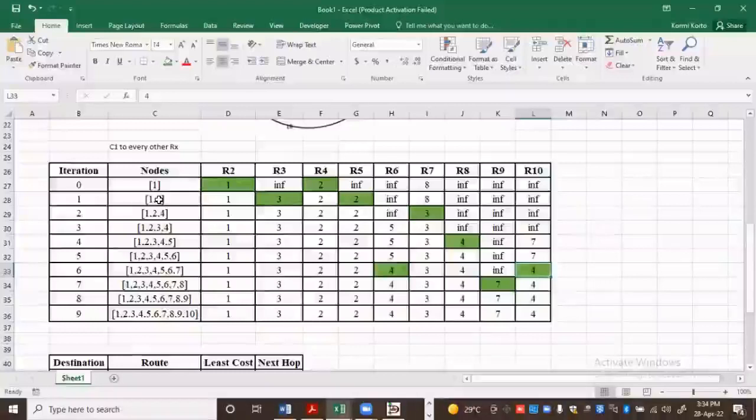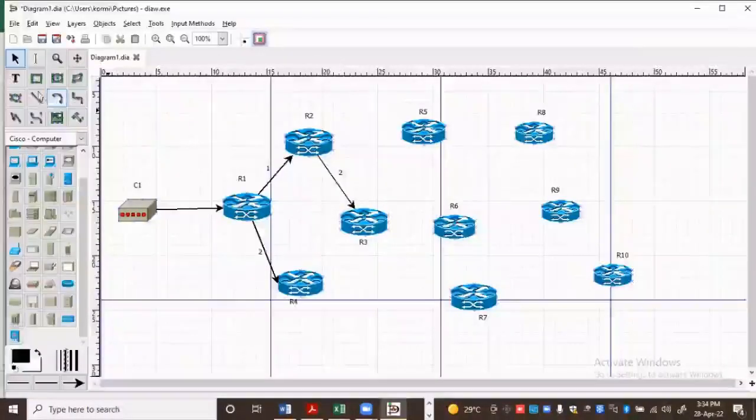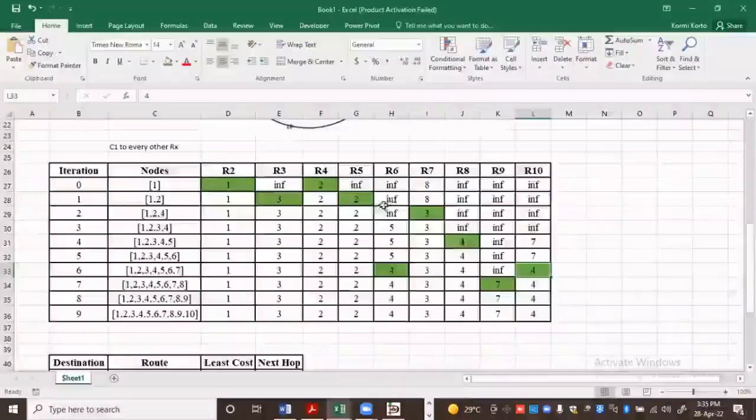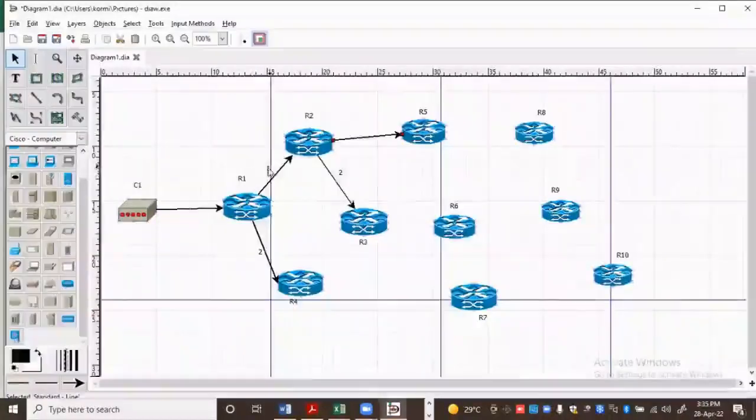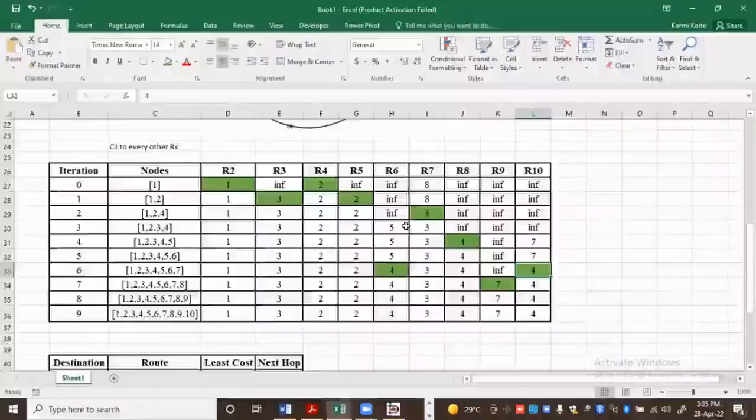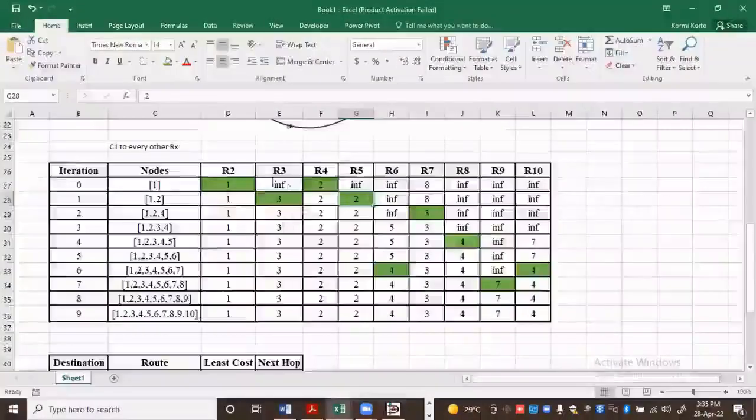So obviously, you have to connect this guy to this guy. And the cost was, since it was 2, it was 1, 1. There's 1 over here, 1 over here, which adds up to the 2 that we have. Going through 1 and 2 to get to 5.